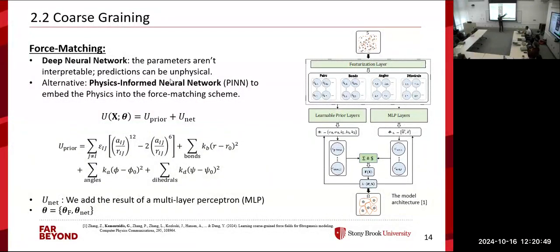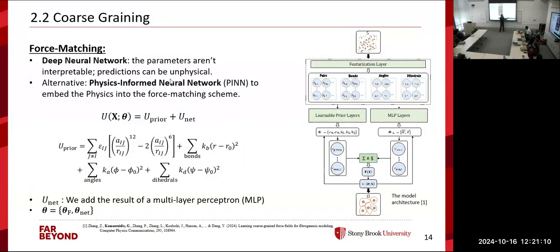You start with a snapshot of the all atom MD simulation. You take the features of this simulation. You get bonds, angles, dihedrals, non-bonded pairs, and then you make an estimate. You have an estimate already about the force coefficients.